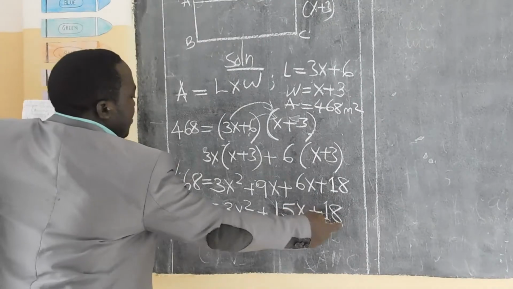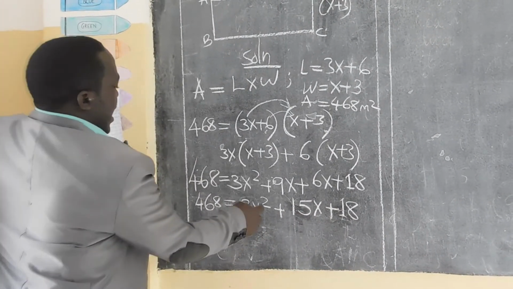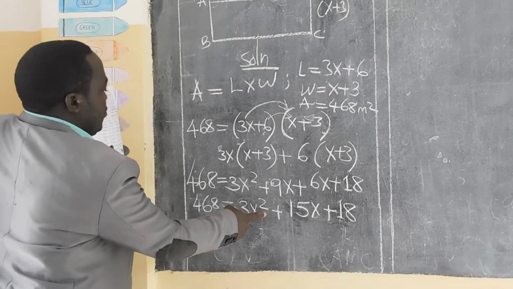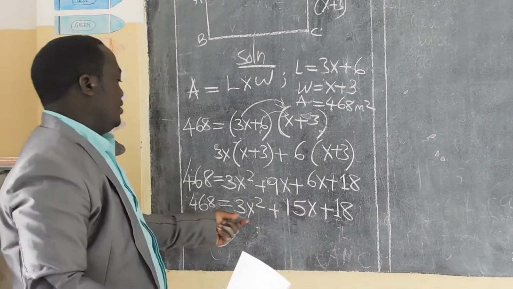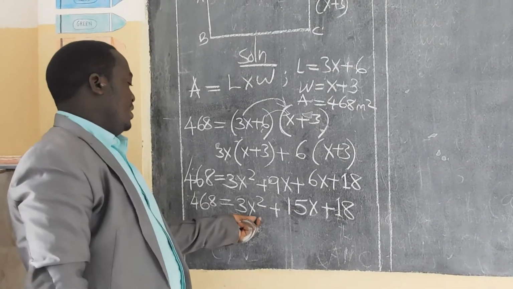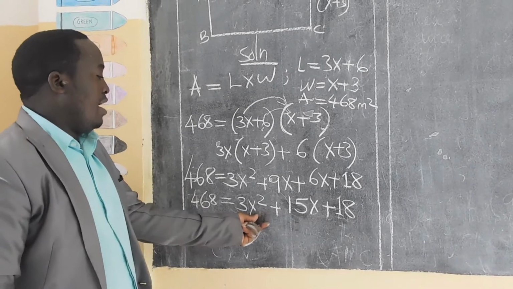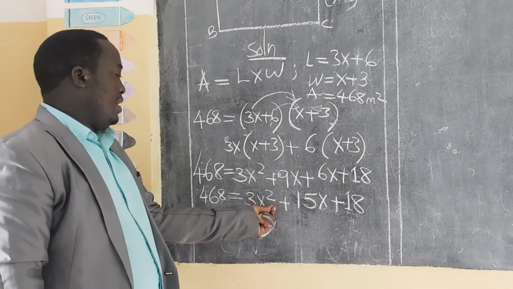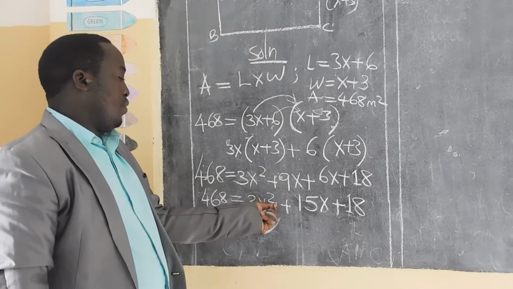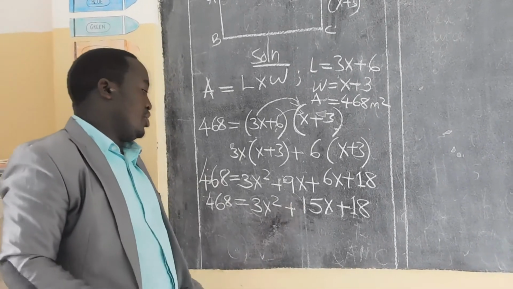Because our expression in this equation has the highest power, which is 2, this expression given is in quadratic form. When we have an expression whose highest power is square, then we call it a quadratic expression.